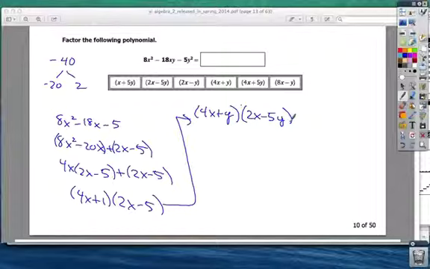It won't work, right? Then you could try the 2x minus 5, which is correct. If it's 2x for the first term here, that means the other set of parentheses is going to have 4x as the first term. And there's actually two of those, so you need to try them both and see which one works. So you could either solve it or do that.